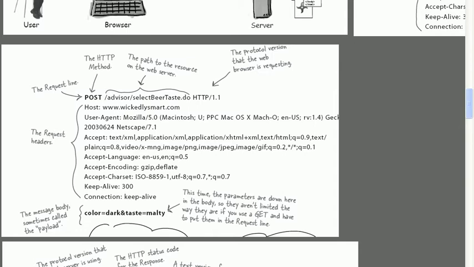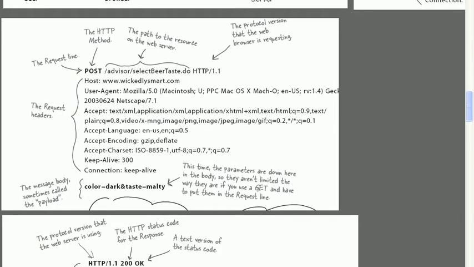Right, and the protocol version, the protocol name and the version that the client uses to talk to the server, the same host URL, that is the server URL, again the same content, followed by the payload, which is the form data. This time the parameters are down in the body, so they're not limited the way they are if you use a get and put them in the request line.